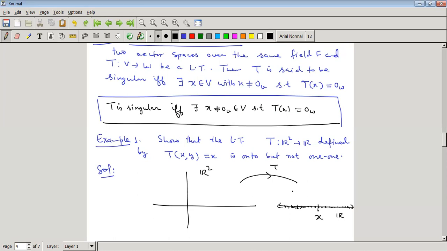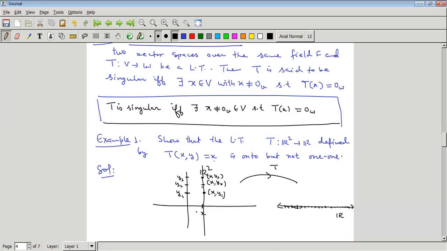Now how can we prove this? What we observe in this question is that T of x comma y, the image of x comma y, is x, the first coordinate. So if we have a line where x is fixed, here we have x comma y1, here y2, which is the point x comma y2, and if we take y3, this is the point x comma y3.